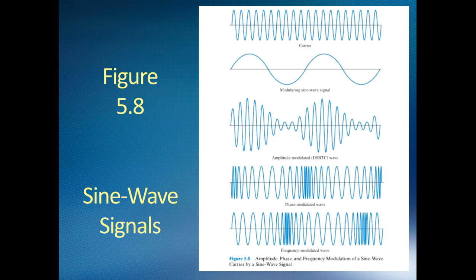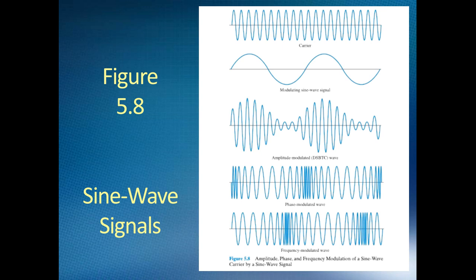The second method is phase modulated. The data is represented by changing the phase. The third method is by changing what? Can you read? Frequency. The last one is frequency.